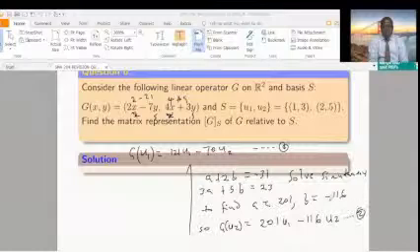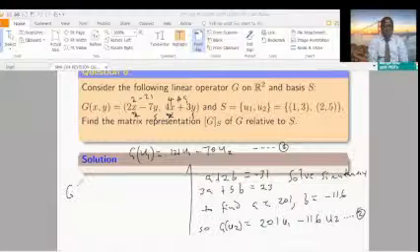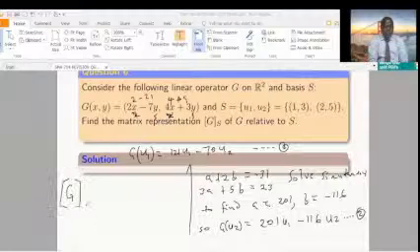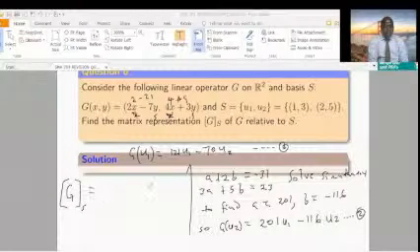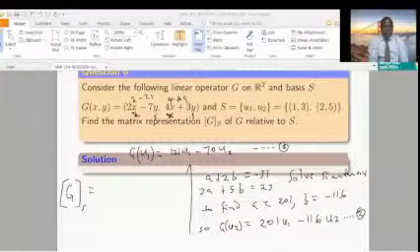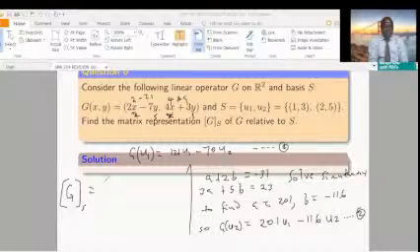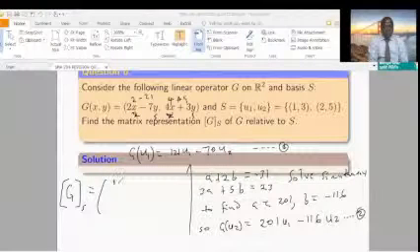Now, we are required to find the matrix representation of G relative to basis S, and that is the transpose of these coefficients. So I write these coefficients in column form, 121, negative 70.